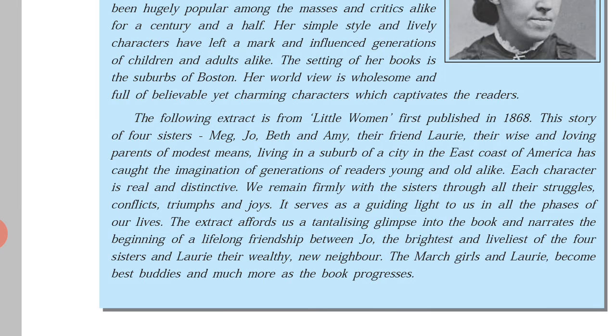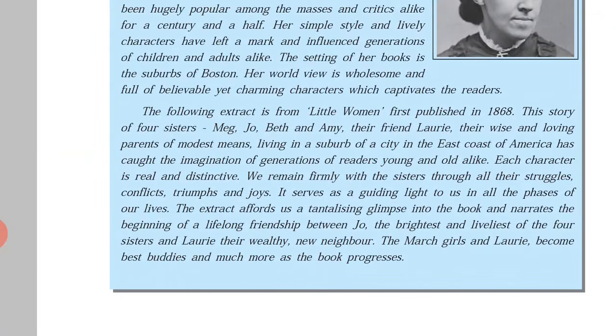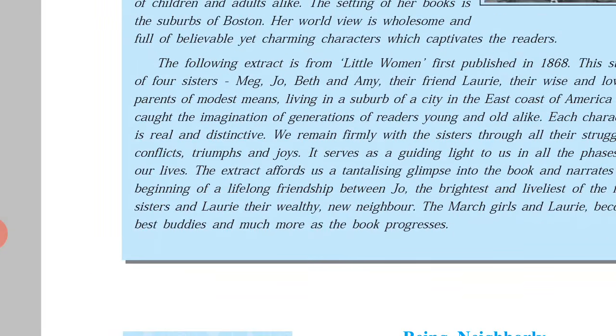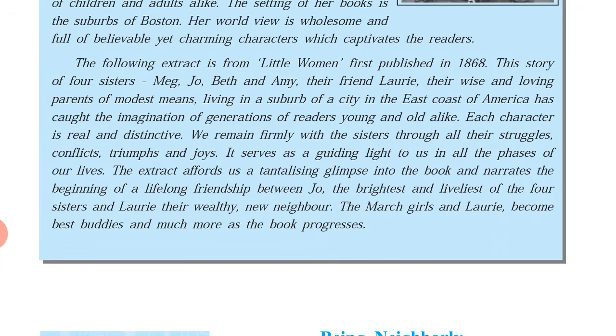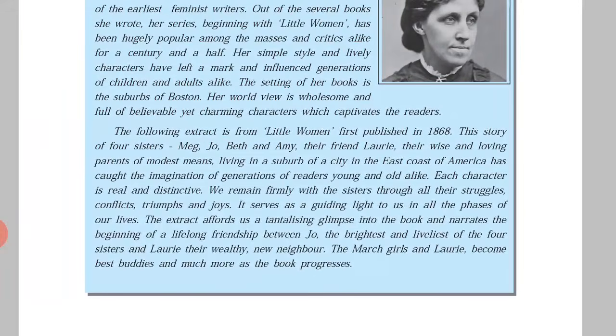The extract affords us a tantalizing glimpse into the book and narrates the beginning of a lifelong friendship between Jo, the brightest and liveliest of the four sisters, and Laurie, their wealthy new neighbor. The March girls and Laurie became best buddies and much more as the book progresses. So this is the short introduction of the story.